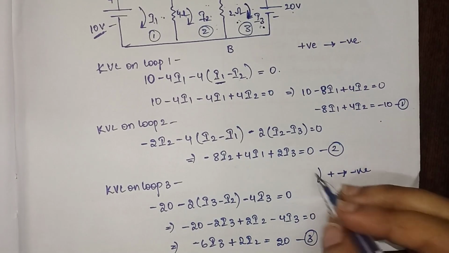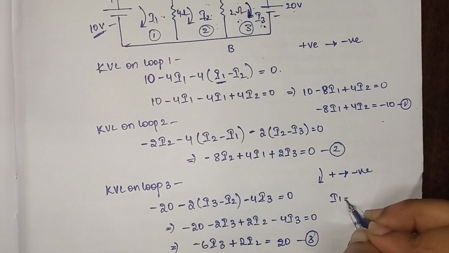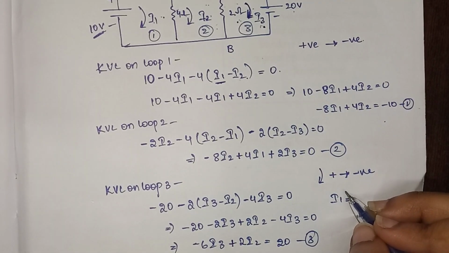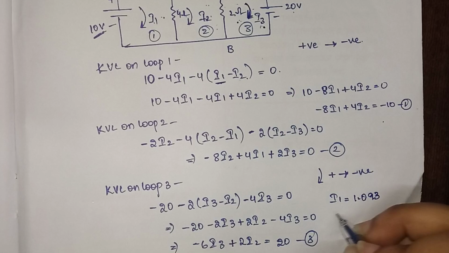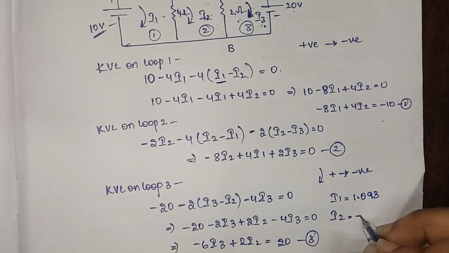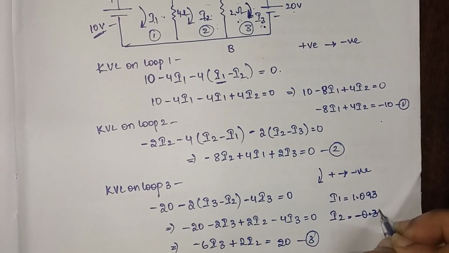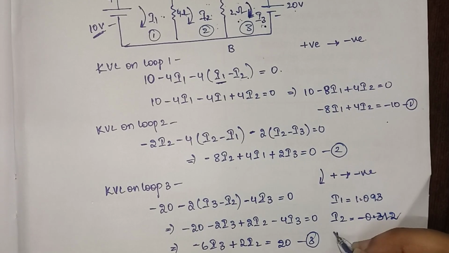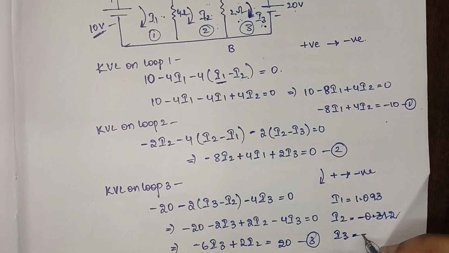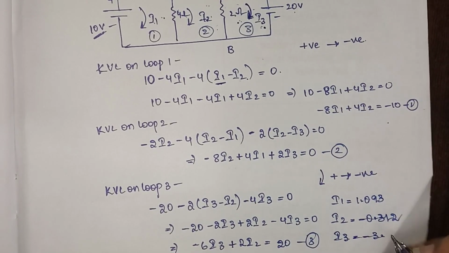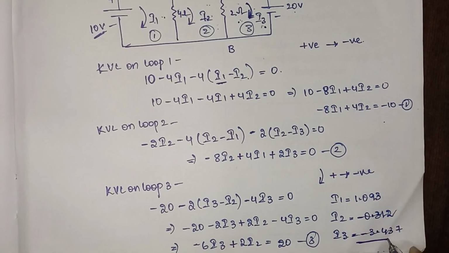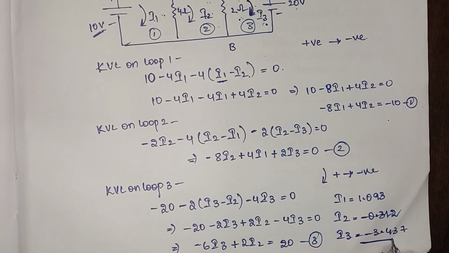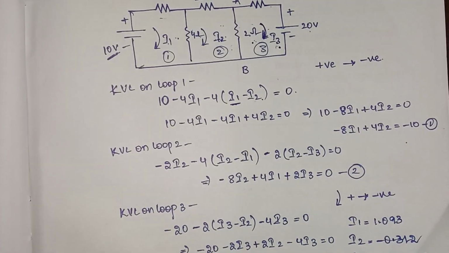If we use a scientific calculator, I will get the values as I1 is equal to 1.093, I2 is equal to minus 0.312, and I3 is equal to minus 3.437. In order to get these three values, I am rewriting the equations.